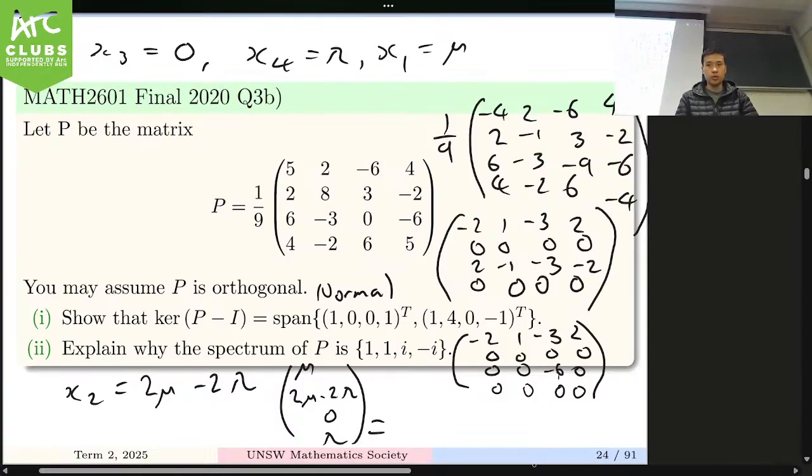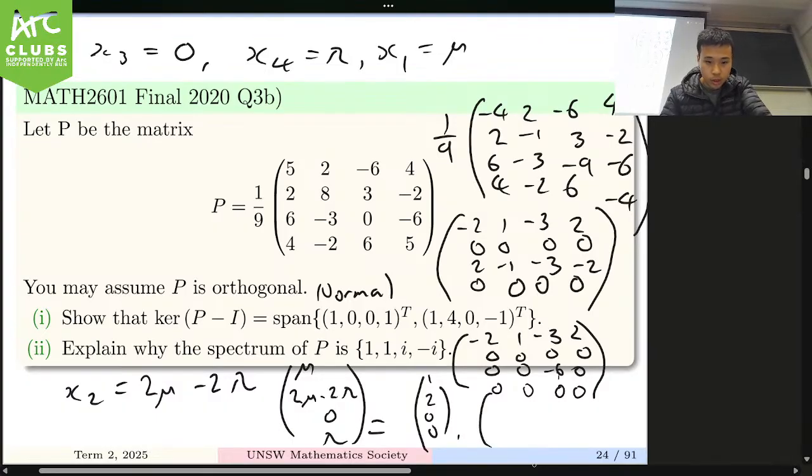Splitting this up, let me do mu first: 1, 2, 0, 0. And then the other one, in lambda, is 0, minus 2, 0, 1. So those are the span of my kernel here.